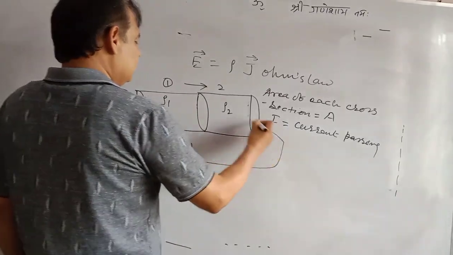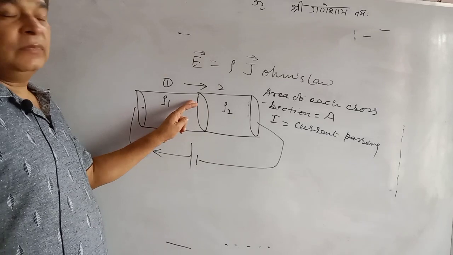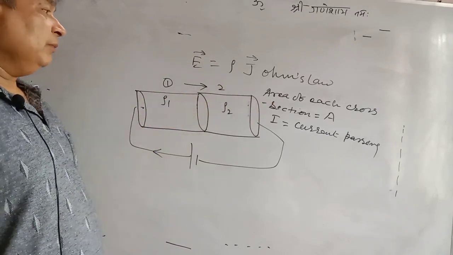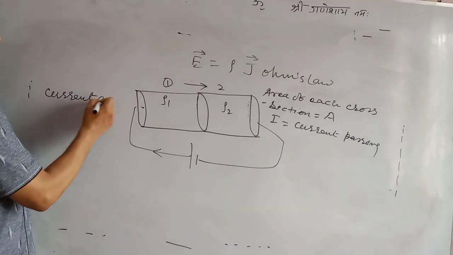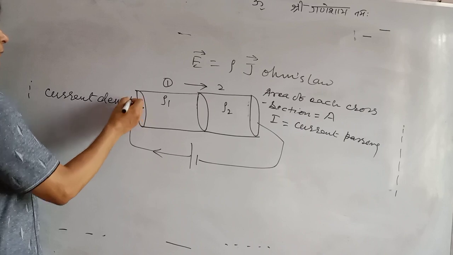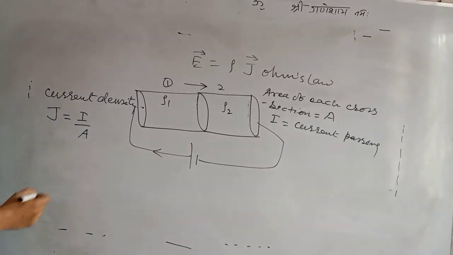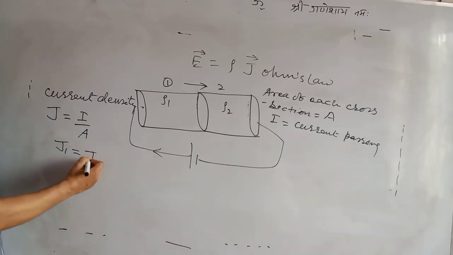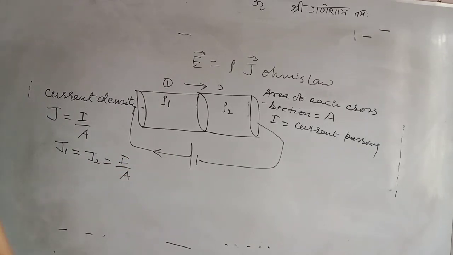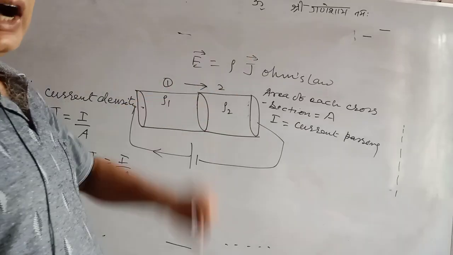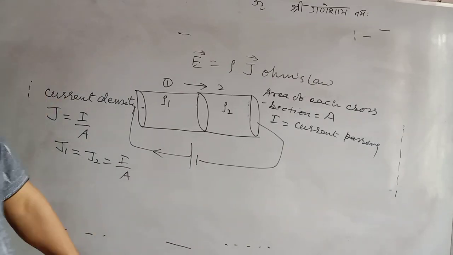So current will pass in this way, the same I. If the current is the same and the cross-sectional area of both conductors is the same, in that case we can write current density J equals I by A, that is, J1 equals J2 equals I by A. Current is the same because both cylinders are in series. Since the cross-sectional area is also the same, the current density is the same.